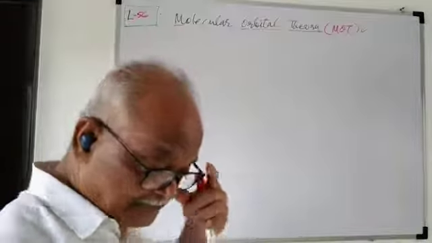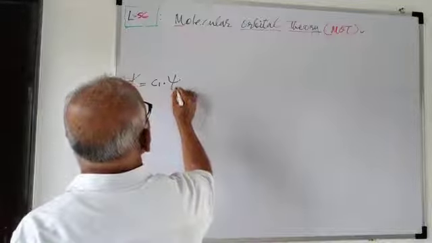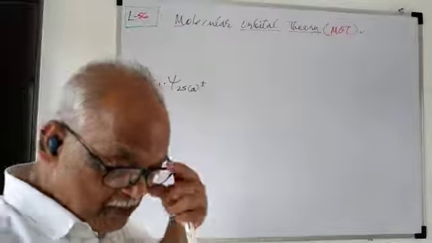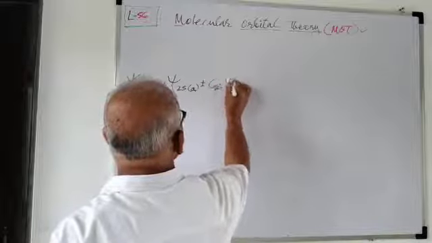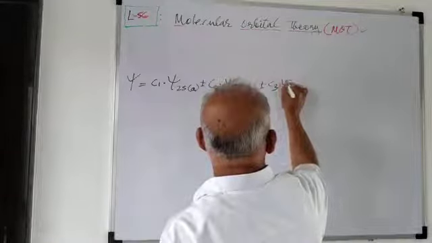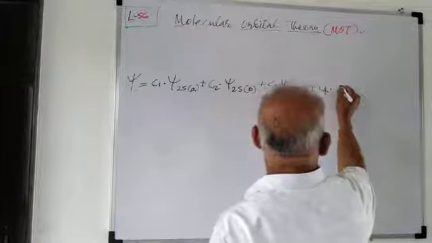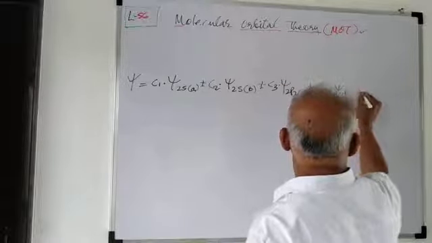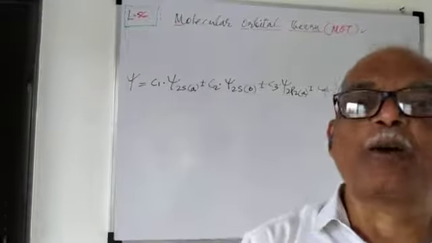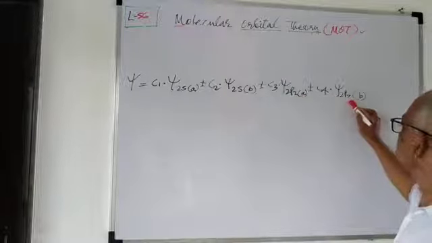So this is given by psi is equal to C1 into psi 2s of A plus or minus C2 into psi 2s of B plus or minus C3 into psi 2pz of A plus or minus C4 into psi 2pz of B. So this is the equation which will explain the mixing of the four atomic orbitals, 2sA, 2sB, 2pzA and 2pzB.